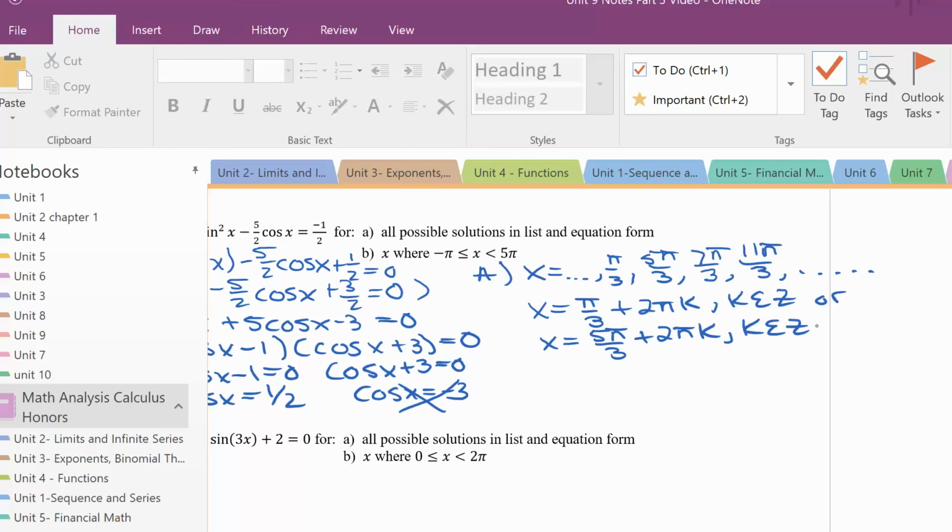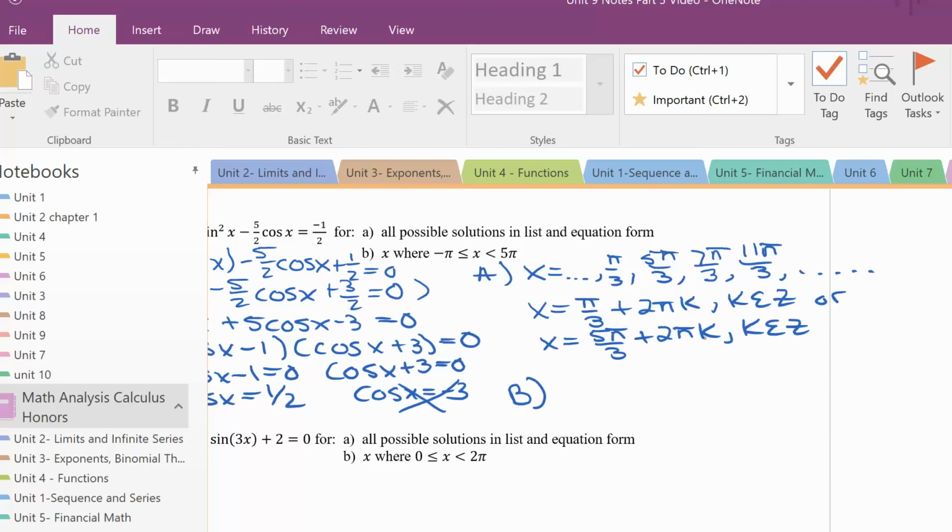That's for part A. For part B, finding the answers between negative pi and 5 pi, well, if you put negative 1 in here and you add, well, negative 1, so negative 2 pi plus pi over 3 would be negative 4 pi over 3, so that's too big.